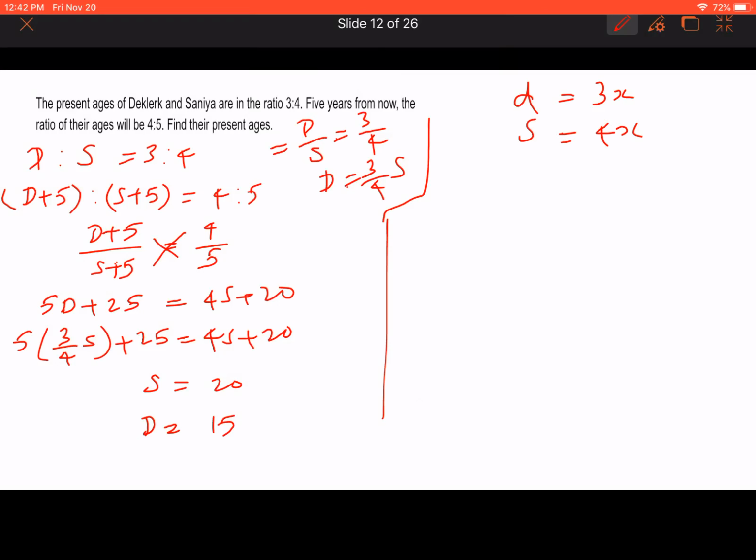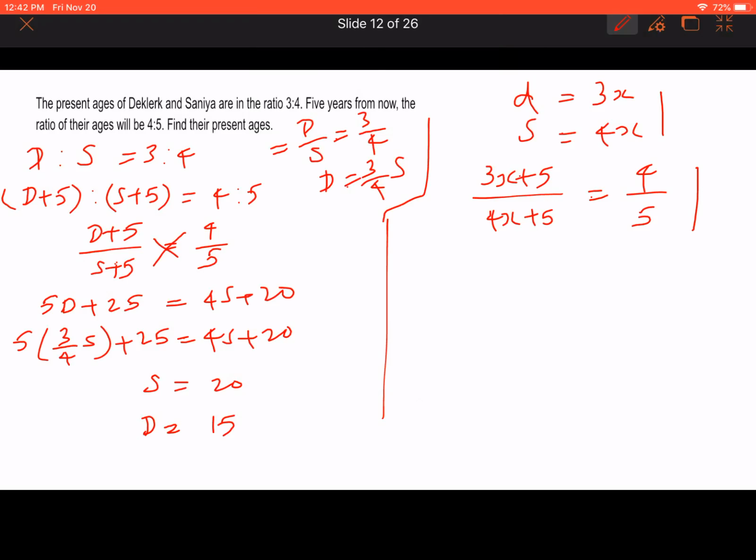Okay, so the next step is Declerk's age after 5 years, right? So that is going to be 3x plus 5 and 4x plus 5 in the ratio of 4:5. This is the ratio after 5 years.